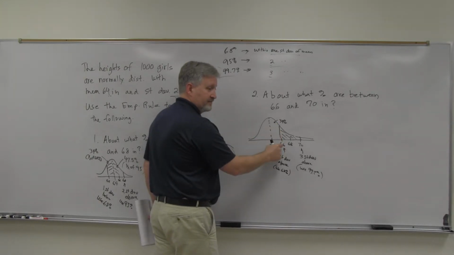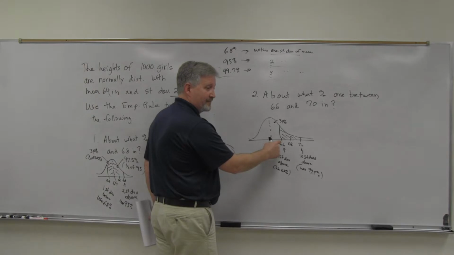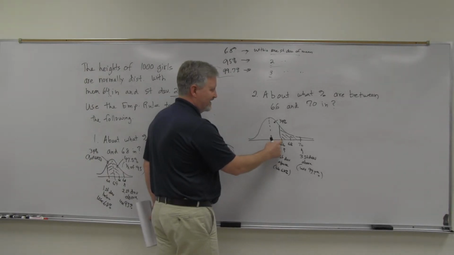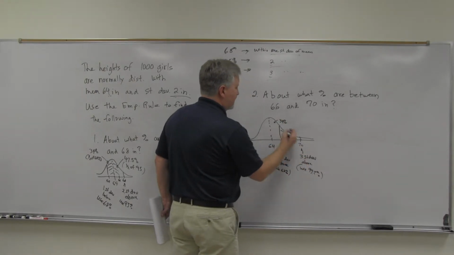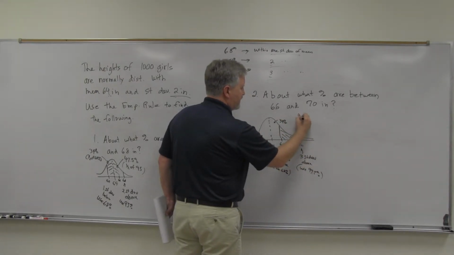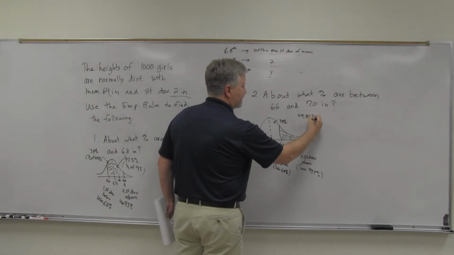That's not really what I'm going for, but we're going to use it in a second. Then, I'm only talking 3 standard deviations above, so I take half of that, which is 49.85.